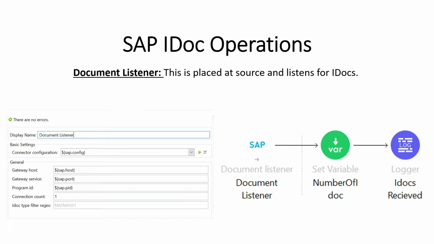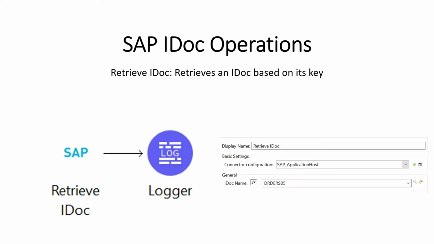Program ID created should be unique. It can receive one or multiple IDOCs in a single request based on the batch size configured at SAP side. Next is retrieve IDOC operation, where we give the IDOC name and it retrieves it.